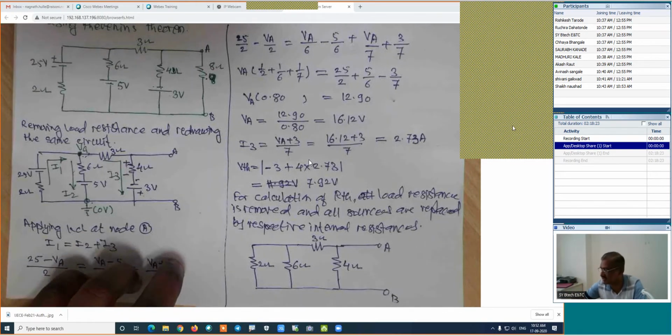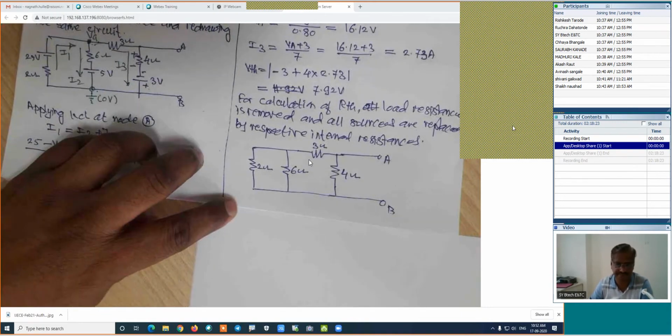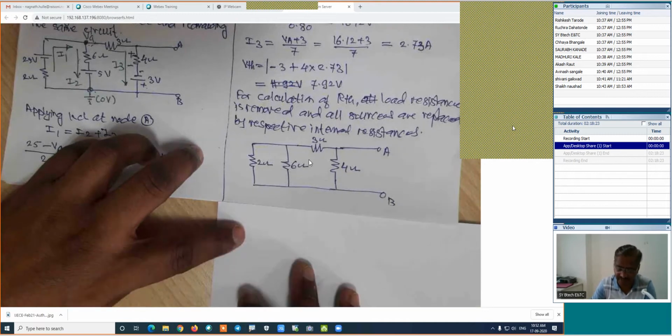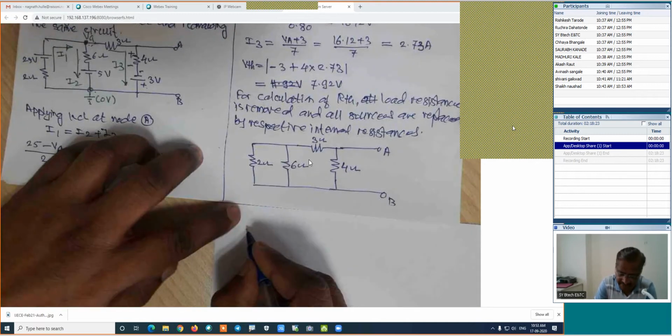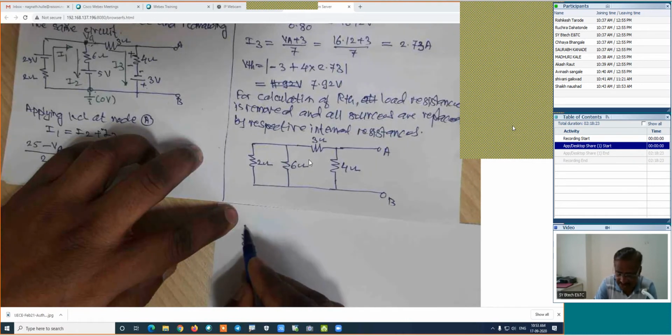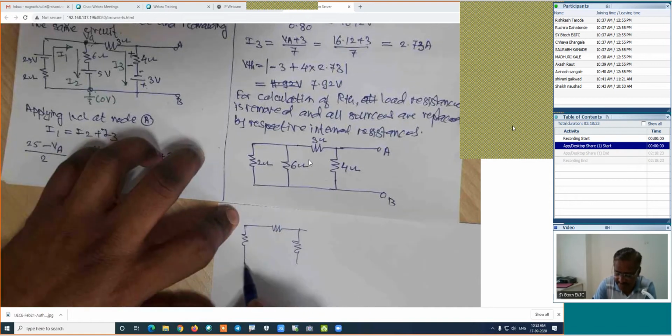Now here in this case, if I am trying to find out its value, how will be the case? That I will show here. This is right, in continuation with this. These two resistances are in parallel combination. I will find out its parallel combination. And this will be the next figure.